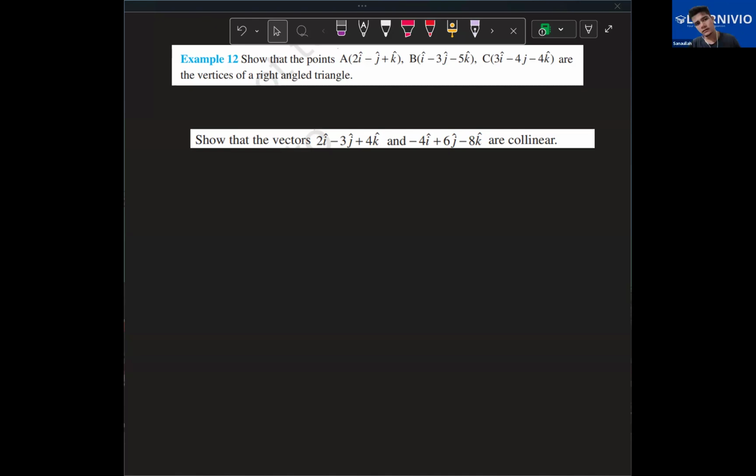We have studied the multiplication property of vectors, in which we can multiply by any scalar quantity. Any scalar quantity को मैं multiply कर सकता हूँ vector में. So from that method we can prove this as a collinear vector.